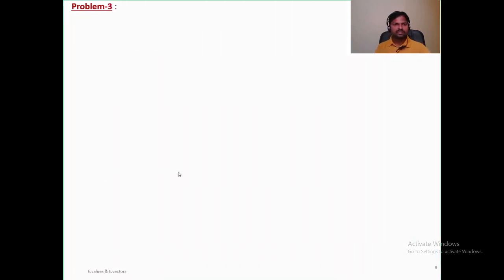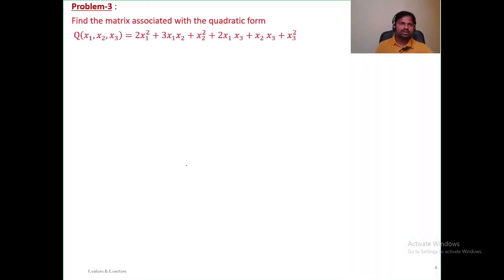Next one, same way, problem number 3. Look at this. Find the matrix associated with the quadratic form. Here 3 variables are there, so it is a 3 by 3 matrix for the quadratic form. Let us write directly. Matrix A is, let us write A11, A12, A13.